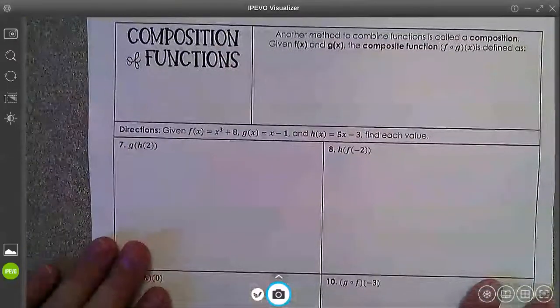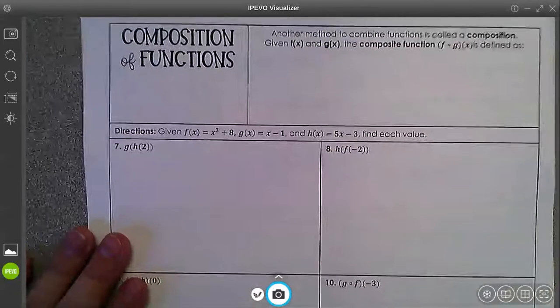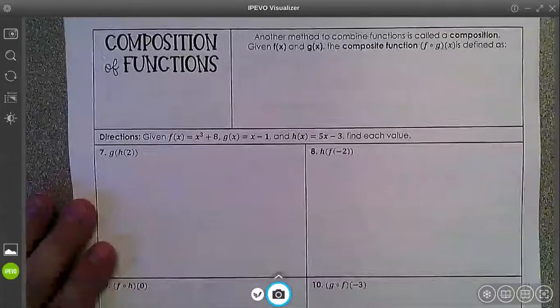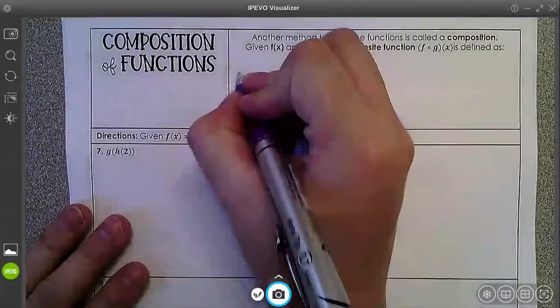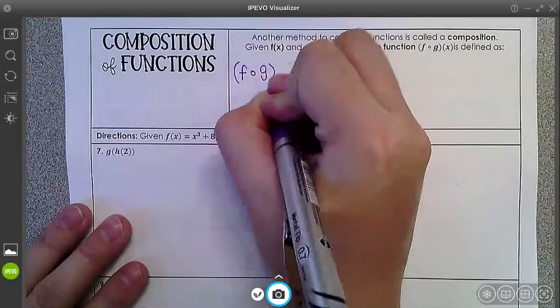Let's turn over to the back. This one is still very similar. It's just something that you may have never seen before. It's called composition. One way that you will see it written is like this.